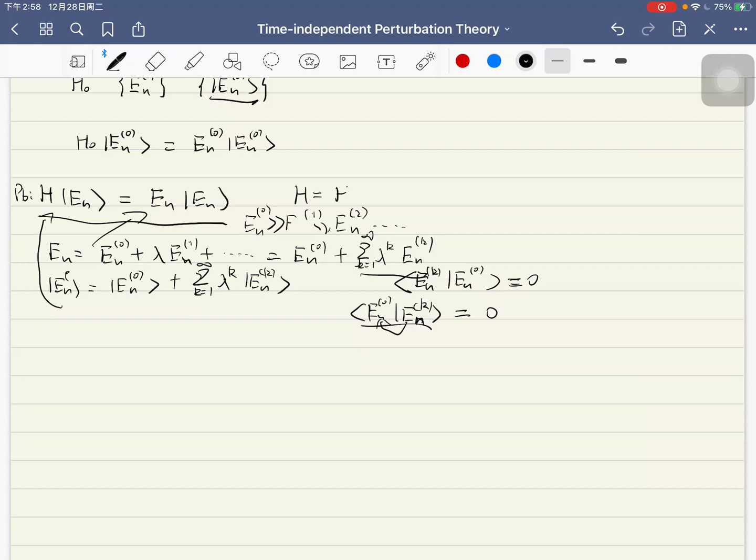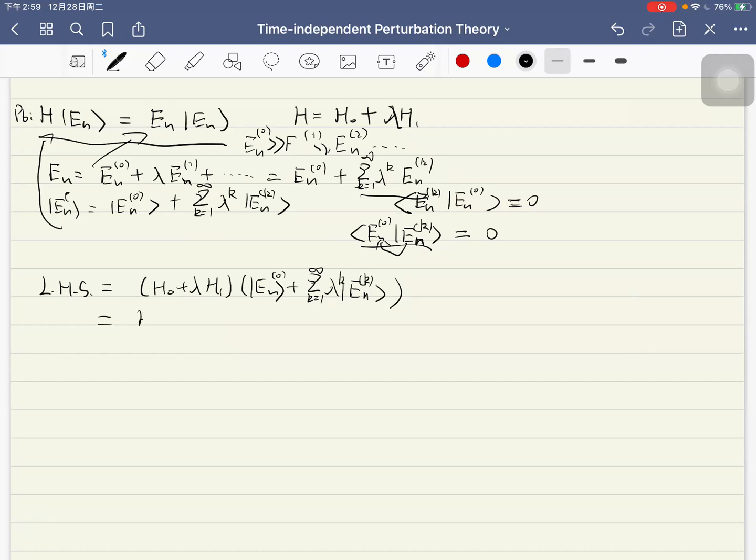Here the Hamiltonian can be written as H0 plus lambda H1.